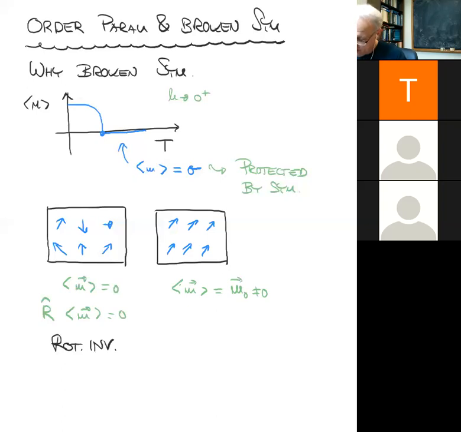And now, of course, if I act with some kind of rotation matrix, then as soon as the mean magnetization is something, then a rotation matrix will now non-trivially act on this. Okay, so the rotated system looks different from the unrotated one, and so we say that in this situation, rotational invariance is now broken.